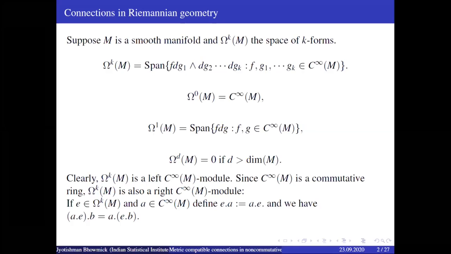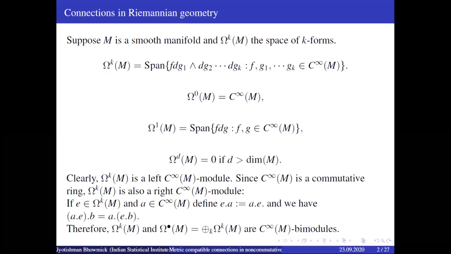Most importantly, the left action by C^infinity(M) and the right action by C^infinity(M) commute. In other words, this Omega^k(M) is a C^infinity(M) bimodule, so the left action and the right action commute.